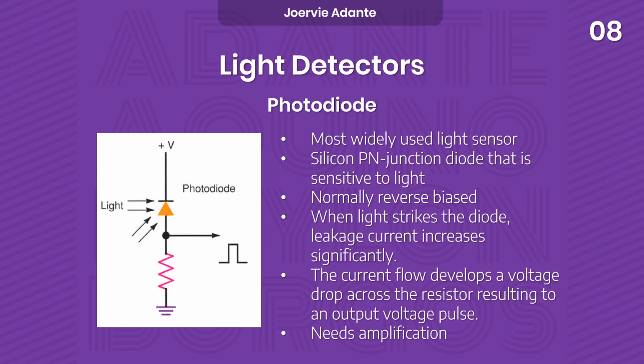It is a silicon p-n junction diode that is sensitive to light. It is normally reverse biased. When light strikes the diode, leakage current increases significantly. The current develops a voltage drop across the resistor, resulting in an output voltage pulse. A small reverse current produces a small voltage pulse that must be amplified.